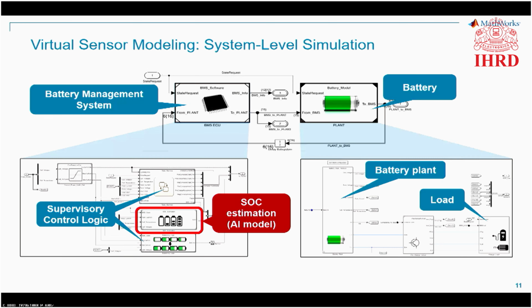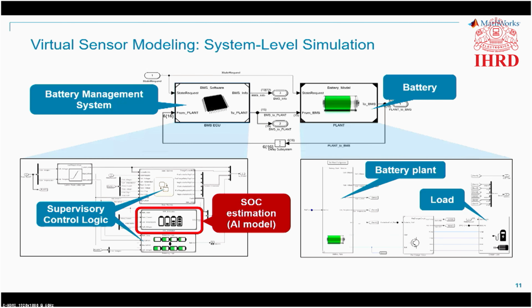What we want to understand is how accurately it predicts the state of charge of the battery. By the way, why are we trying to use a virtual sensor? You actually cannot sense the state of charge of a battery, right? There is no sensor you can put inside. So the best thing that you can do is to measure it virtually by looking at the other parameters which you can measure.